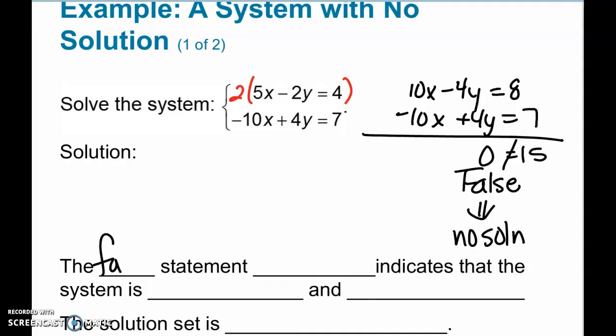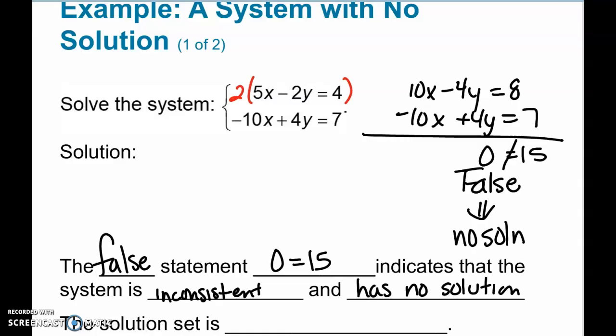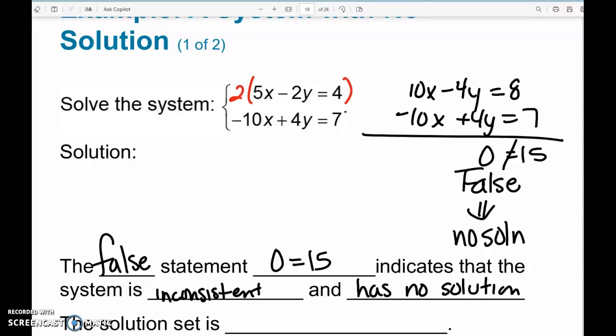The false statement, 0 equals 15, indicates that the system is inconsistent and has no solution. If we were to graph these, we would see that they are parallel lines. They would never intersect.